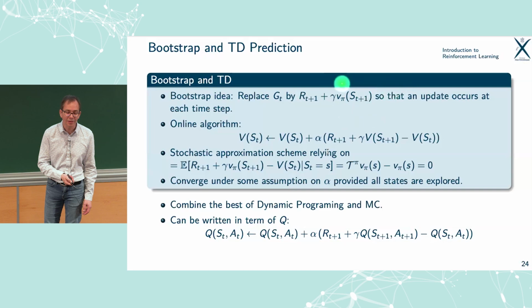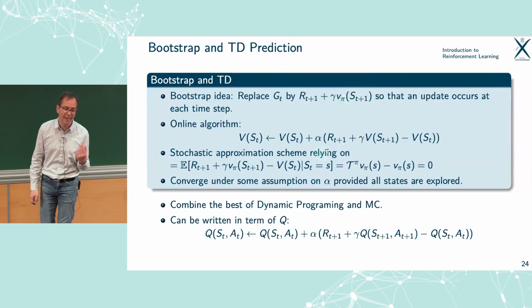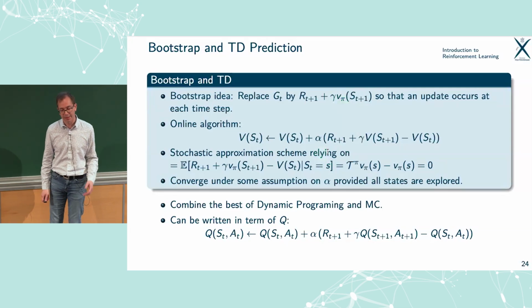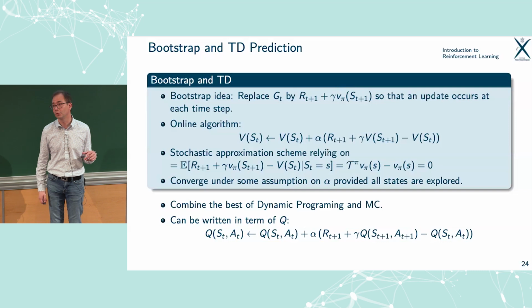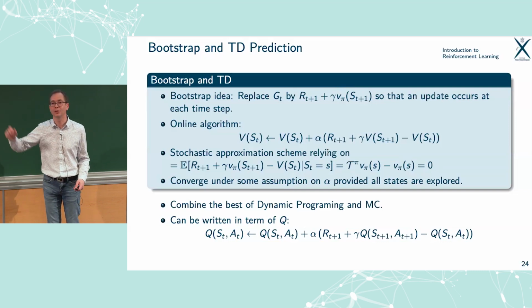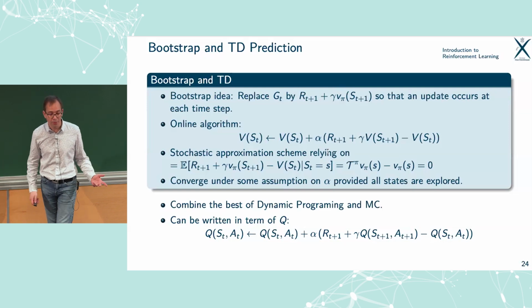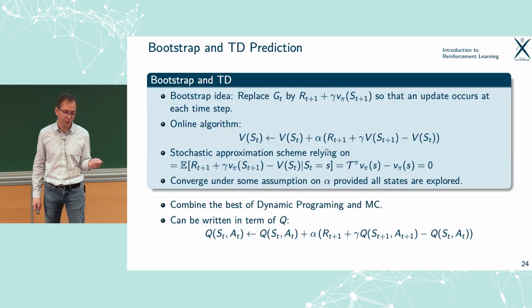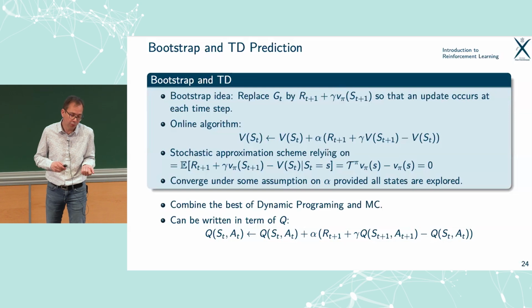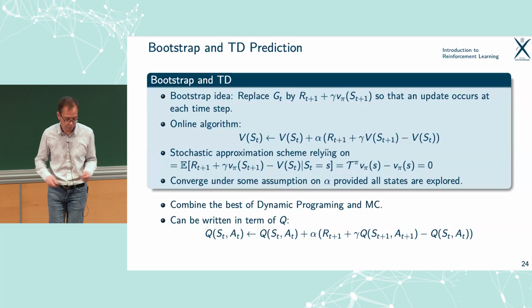But the reason is not because of this heuristic, but rather a clever analysis of this algorithm as a stochastic approximation one. So I wanted to make a connection between those techniques and stochastic approximation, and that's very important. So we have an algorithm here that is sufficient to do the estimation of the current value function online.